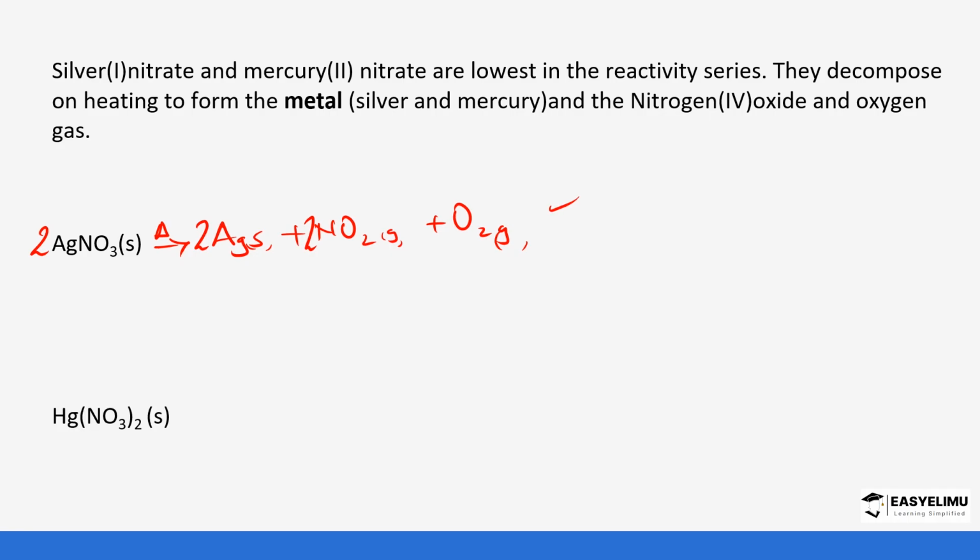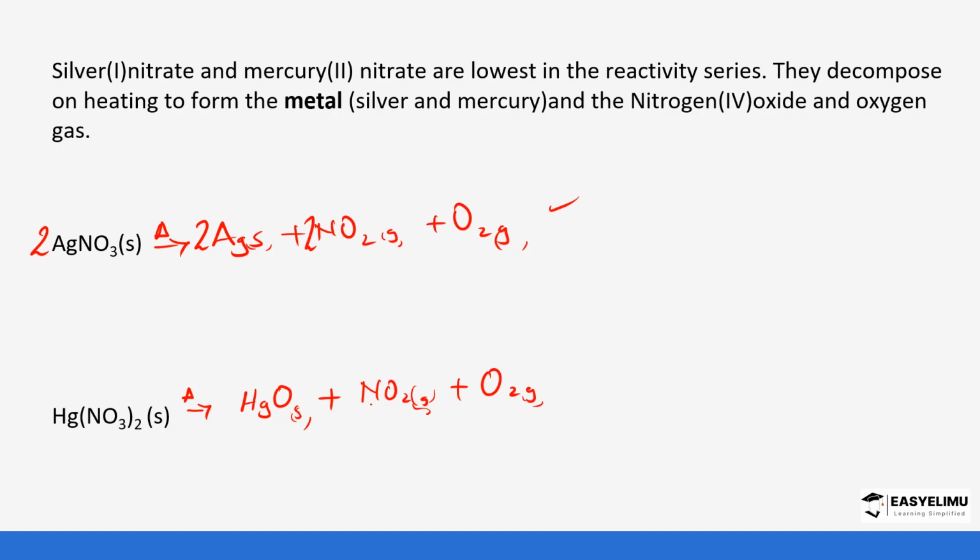So the same case with mercury. When you heat it, you form mercury oxide plus nitrogen 4 oxide and oxygen gas. So let's balance. So mercury is 1 on both sides, nitrogens are 2.